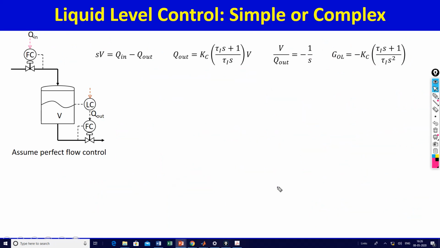We've got the original differential equation, rate of change of volume is equal to Q in minus Q out. We've got Q out as a PI controller, and this gives this as this, and G open loop will be this.